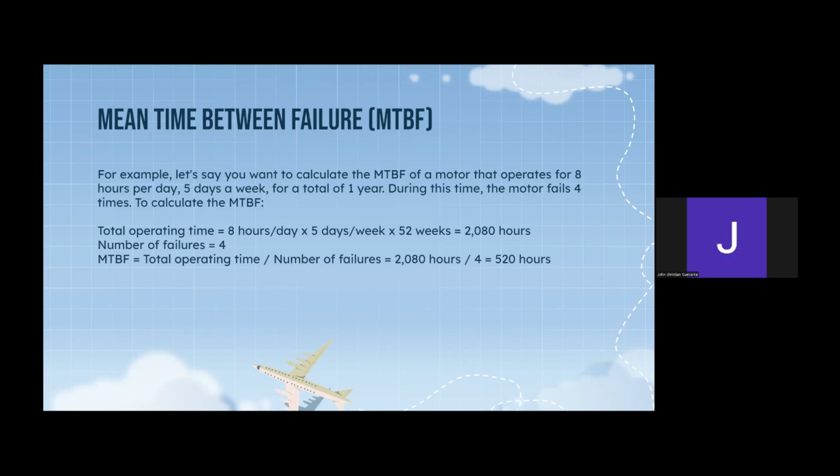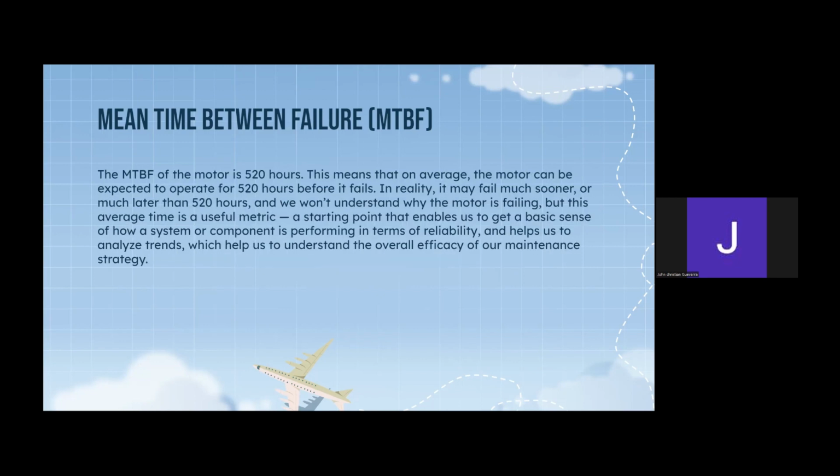Then the number of failures is equal to 4. The MTBF is total operating time over number of failures, which equals 2080 hours over 4, which equals 520 hours. The MTBF of the motor is 520 hours.